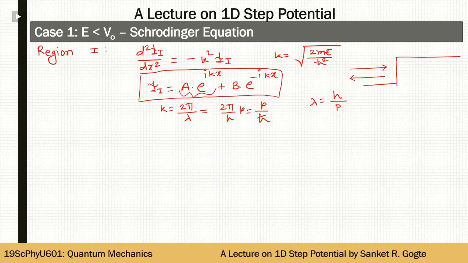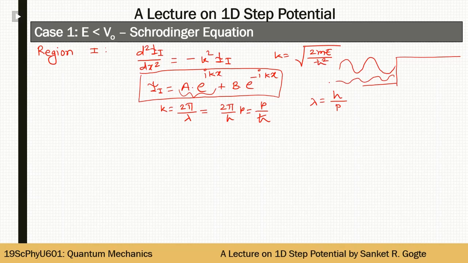If we give a little thought to it, the first term is the incident particle, the particle coming from left to right, the incoming particle, whereas the second term represents a particle traveling in the negative direction.